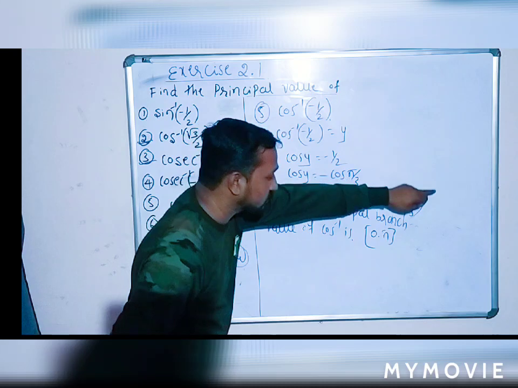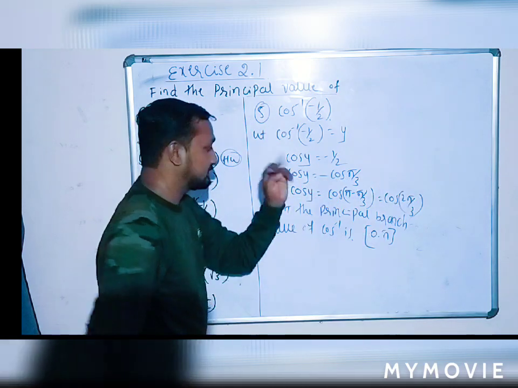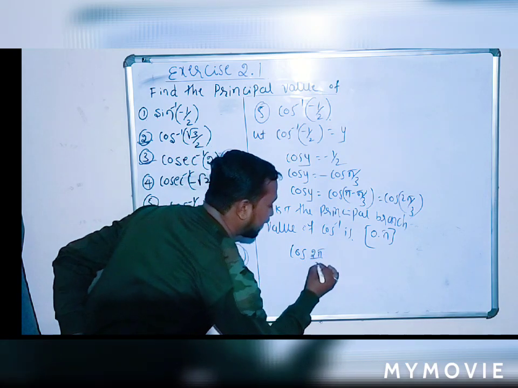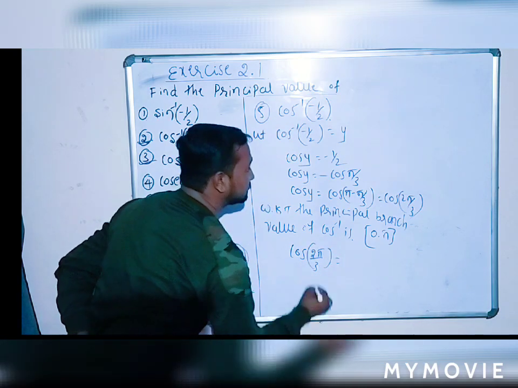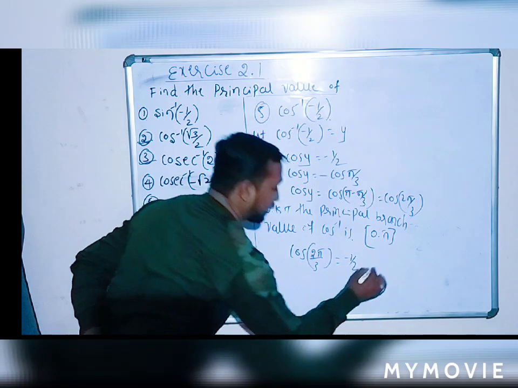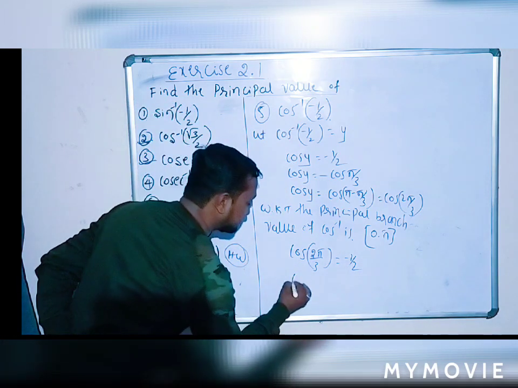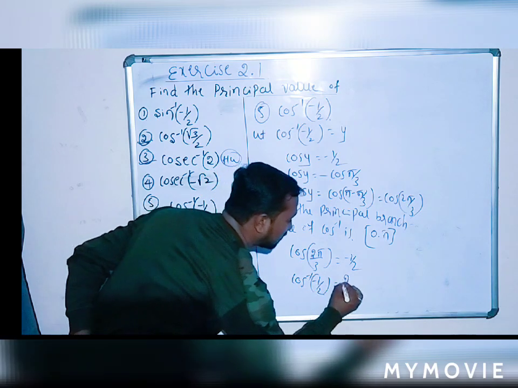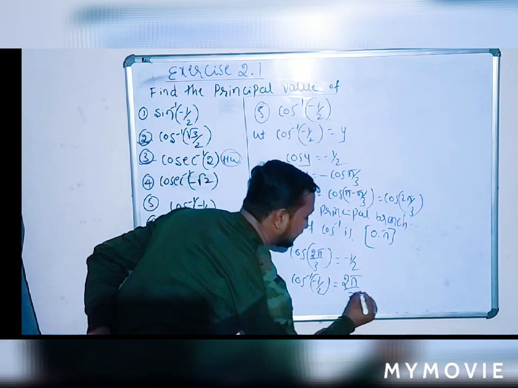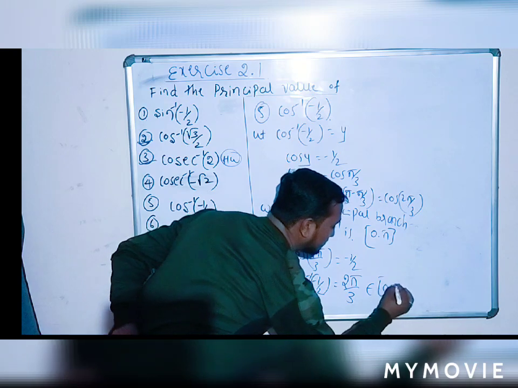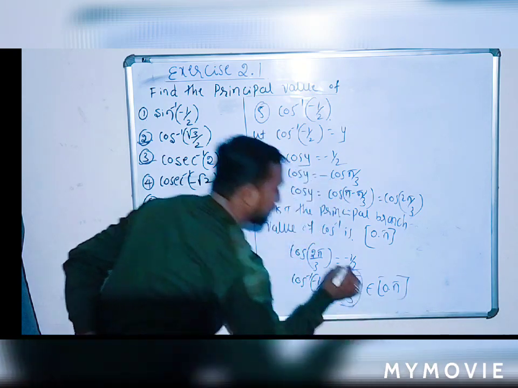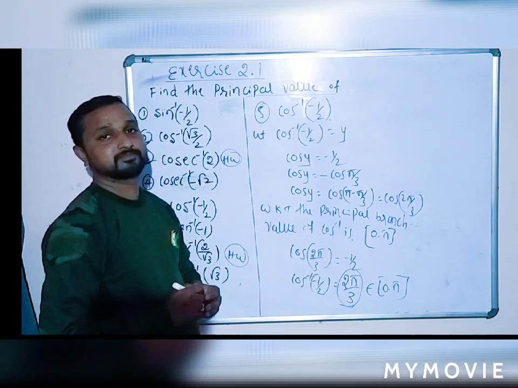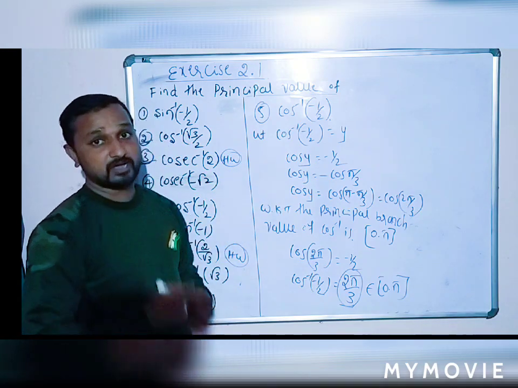Thus 2 pi by 3 belongs to the closed interval 0 to pi. That's why cos of 2 pi divided by 3 is equal to minus 1 by 2, or cos inverse of minus 1 by 2 is equal to 2 pi divided by 3, which belongs to the closed interval 0 to pi. This is the principal value of this inverse trigonometric angle. Is that clear? This is one method.